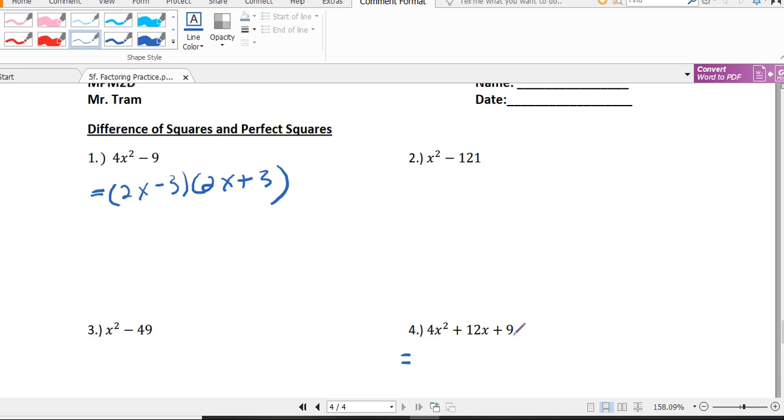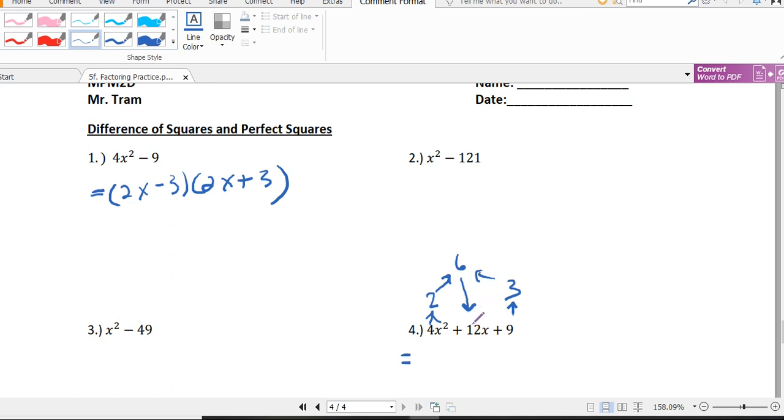And then down here, you could use complex factoring and find two numbers that will multiply to give you 36, but add to give you 12. Or you can realize, wait, is this a perfect square? What's the square root of this whole first term? That's 2x. What's the square root of 9? Well, that's 3. What's 2 times 3? That will give you 6. And 6 doubled would be 12, wouldn't it?